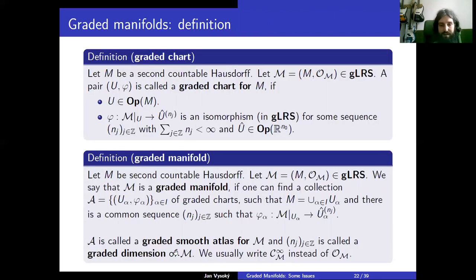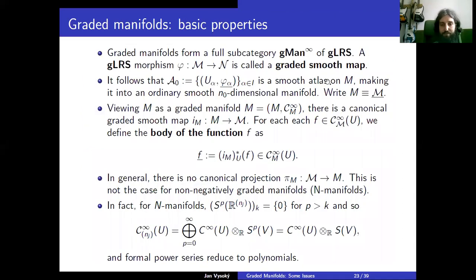Recall, I have this sequence Nj, and there is N0 here, and this N0 is the dimension of my underlying manifold M, which I sometimes write as underline of curly M.